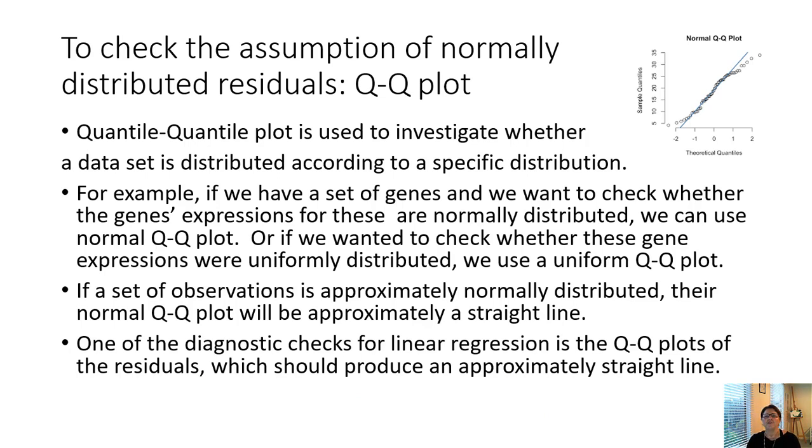Okay, now to check the assumption of normally distributed residuals for linear regression, we use a QQ plot. Here it says theoretical quantiles and here it says sample quantiles. A QQ plot, or quantile plot, is used to investigate whether a data set is distributed according to a specific distribution.